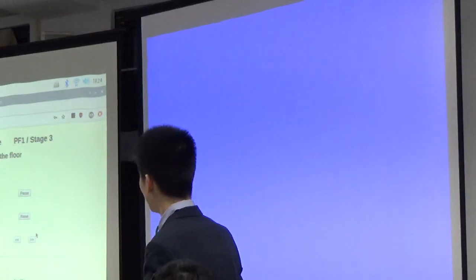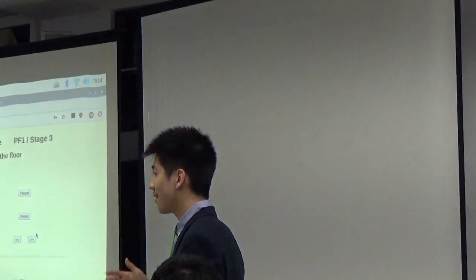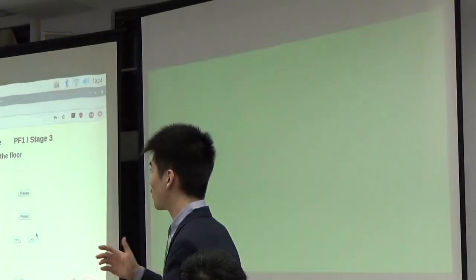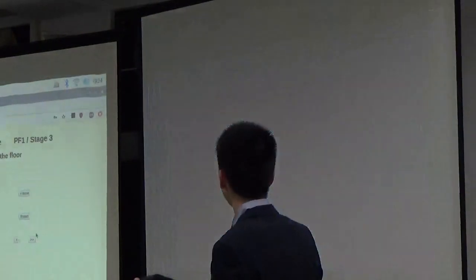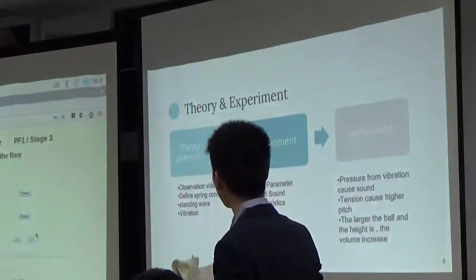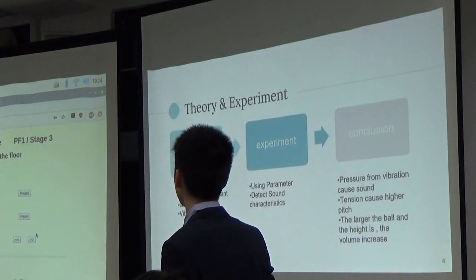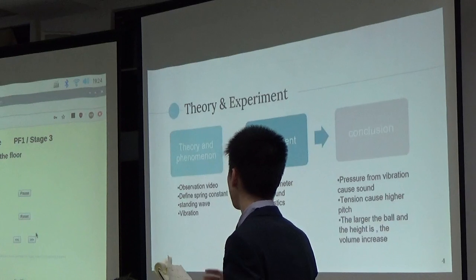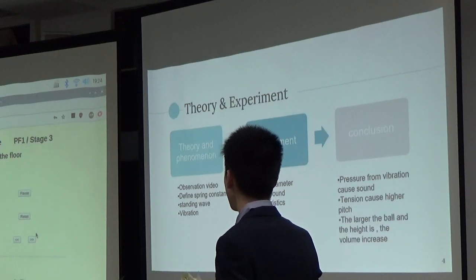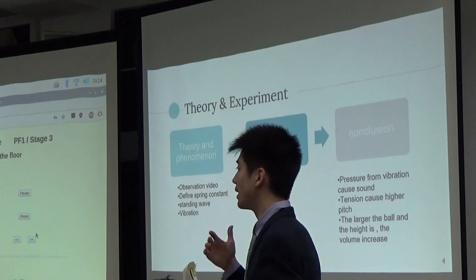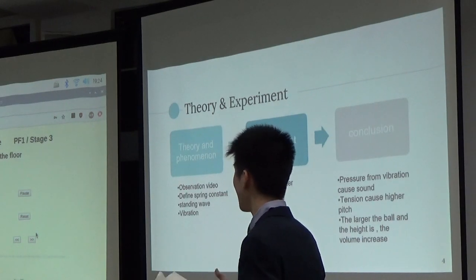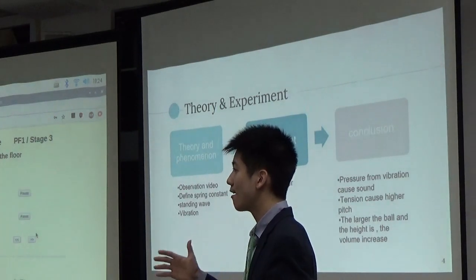Moving on to how the reporters constructed their presentation, this is the sequence. First, their theory and phenomenon. They gave us a great observation video, and they defined the spring constant. Additionally, they used a standing wave to explain the origin of the sound and also the vibration of the air around the cup.